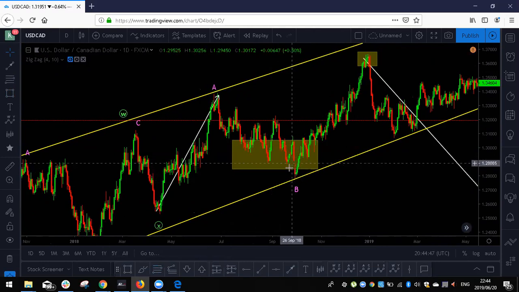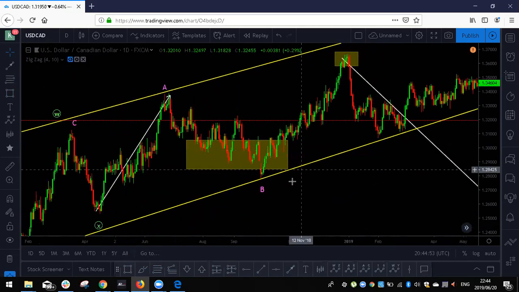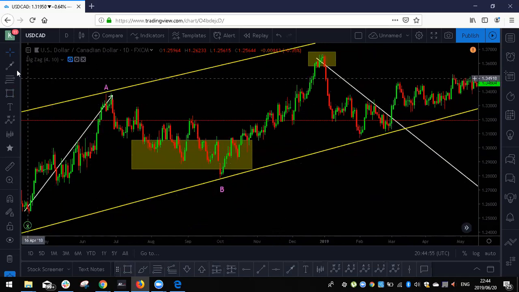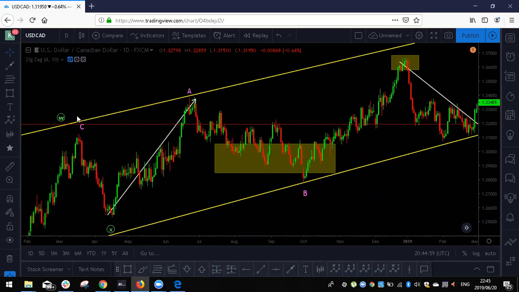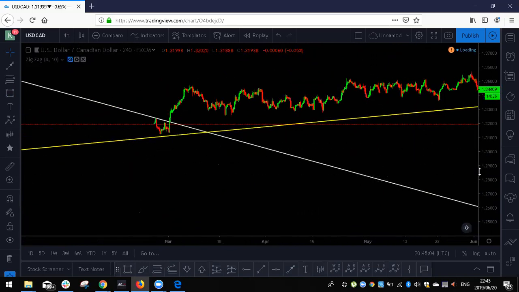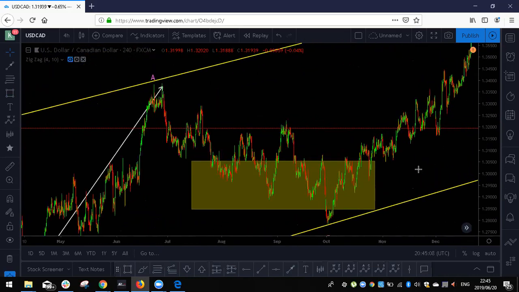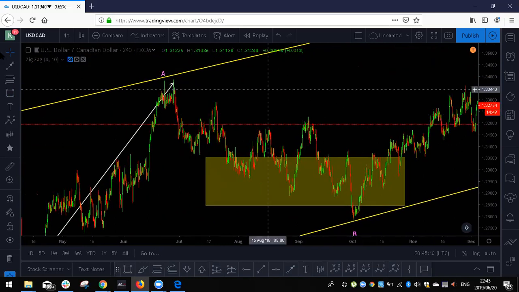Otherwise it was going to make a tent inside there for this impulse. But our buy trade was going to be, let me go to the 4-hour, because we were going to take it from 4-hour or 1 hour. So our buy trade would have been something like this.